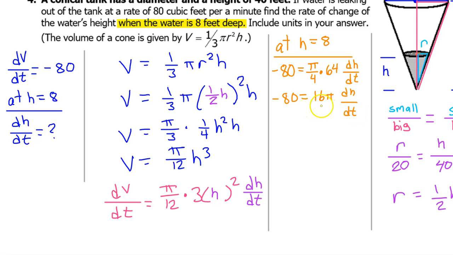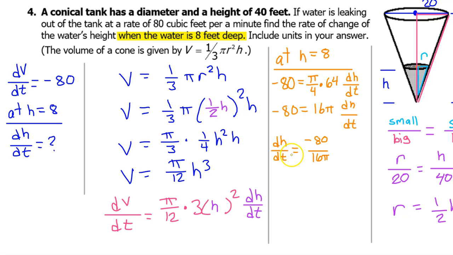Dividing both sides by 16 pi, we get dh dt is equal to negative 80 over 16 pi. As long as you include units with this answer, this is a full credit answer. This is change in height divided by the change in time. Length is given in feet in this problem, and time is in minutes. So this will be feet per minute.